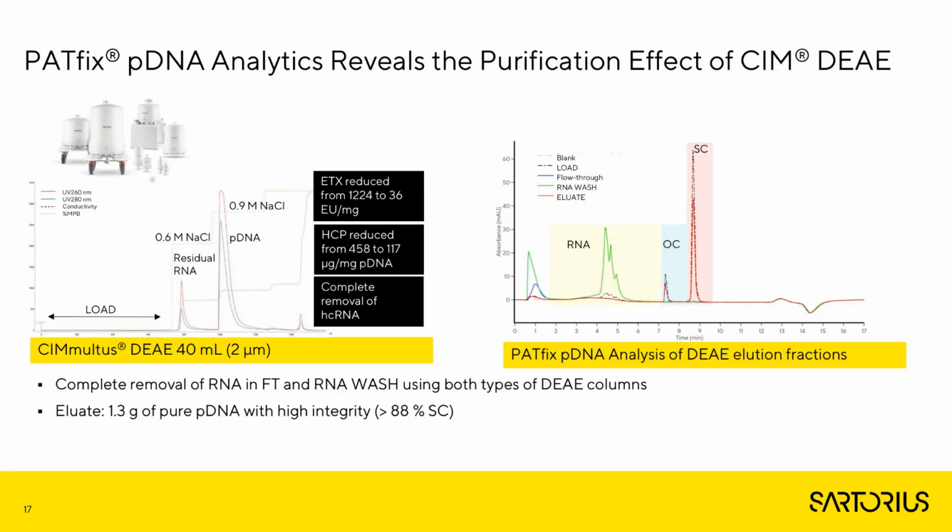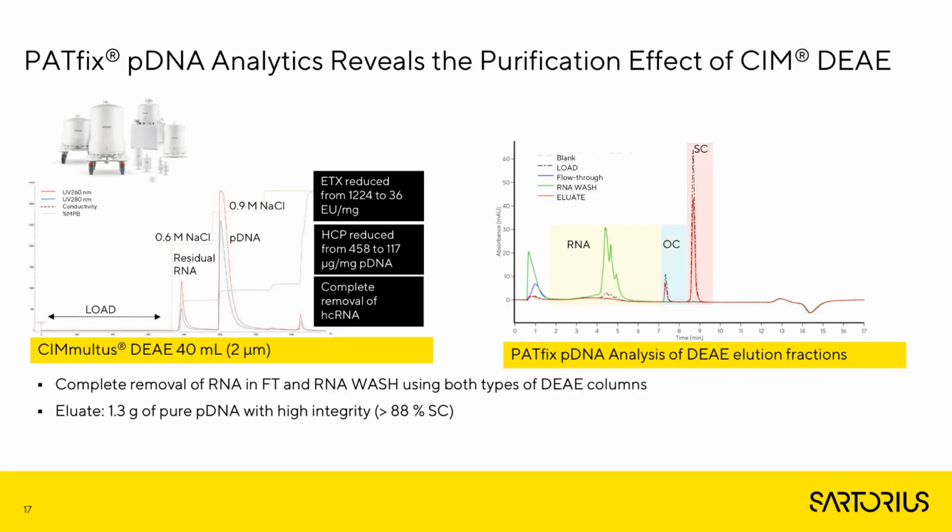And how do we know if our purification works well? Well, I bring back that first or second favorite machine that we use, the so-called PATfix analytical system, which we run in parallel with our purification. On the left-hand side, we see a preparative chromatogram, samples coming off a DEAE preparative column.